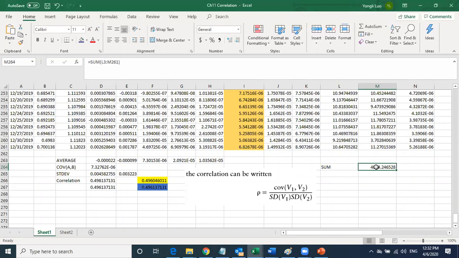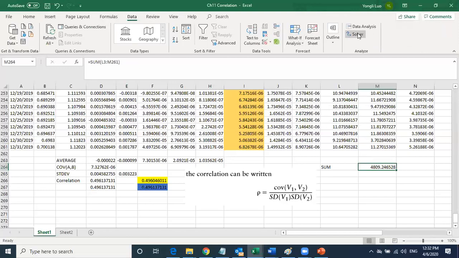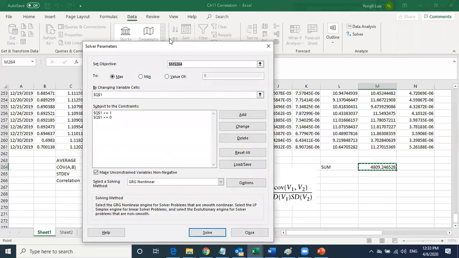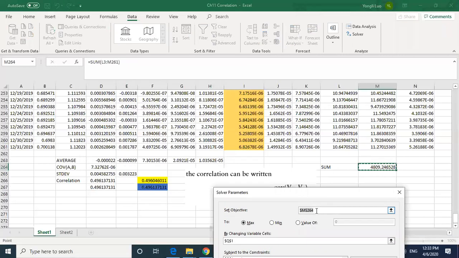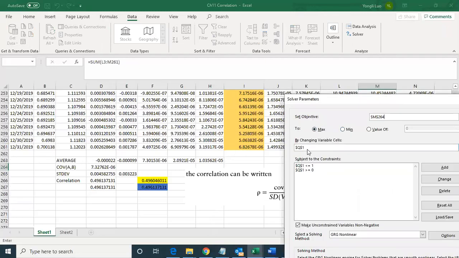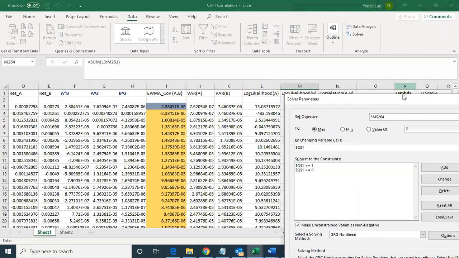Okay, and then you do Solver. So under Data, you choose Solver. In Solver, you maximize the sum of likelihood by changing Q1. Remember, this is your lambda.